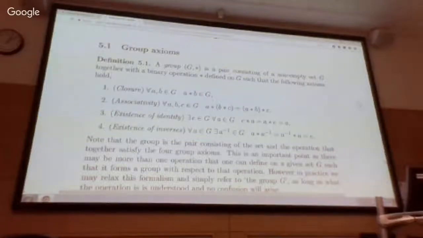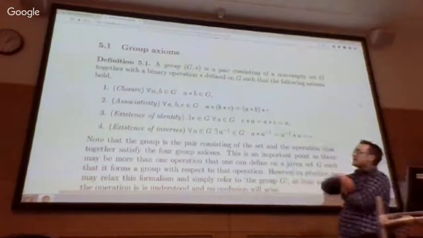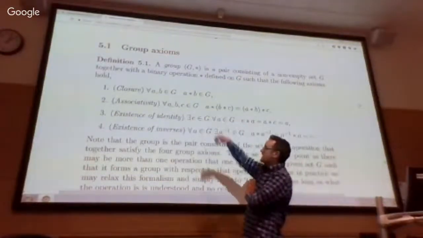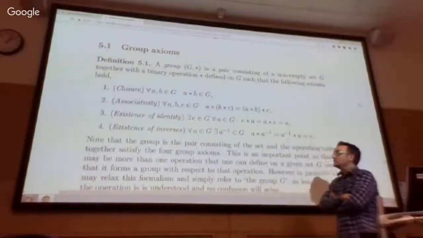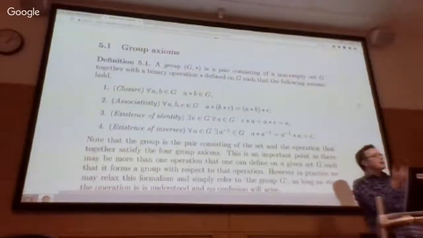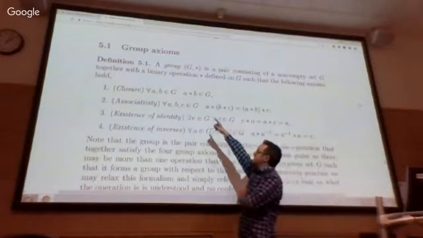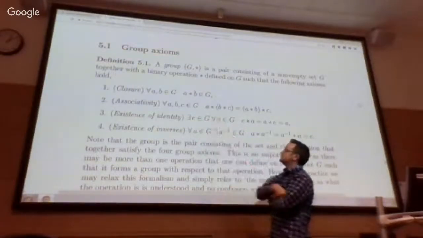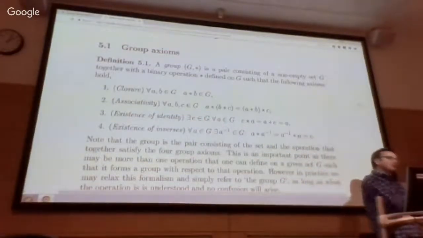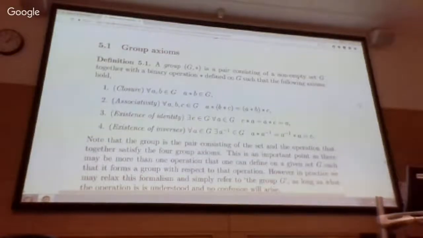So the first property is a closure property. This says for all A, B in G, using the upside down A for the quantifier "for all", when you get the value A star B, think of that like A plus B or A multiplied by B. It's talking about some abstract operation star.